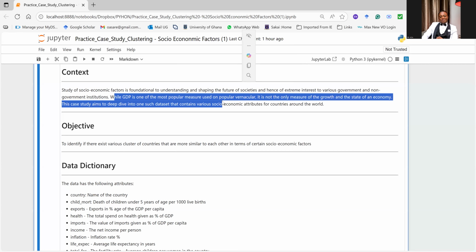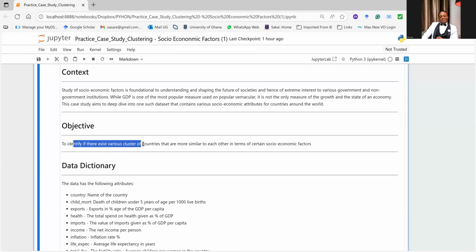So we are going to deep dive into such socio-economic factors for countries, and then identify if there exist various groups of countries, clusters of countries that are more similar to each other in terms of some particular socioeconomic factors.